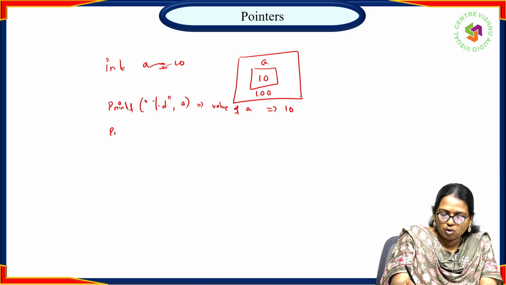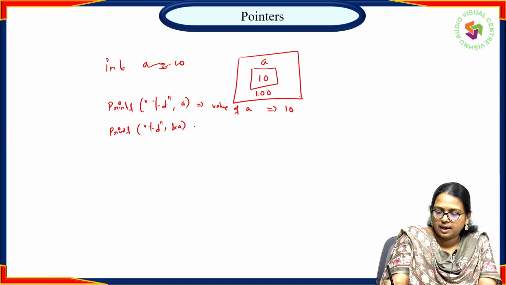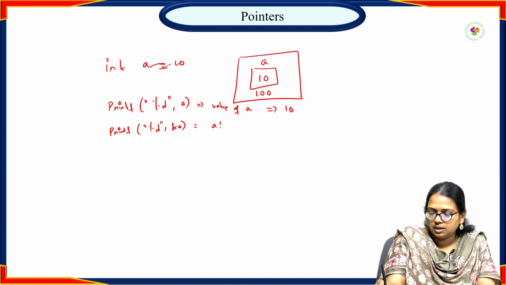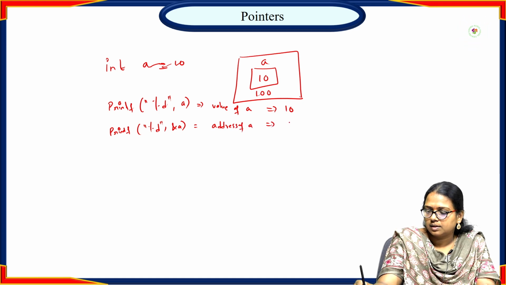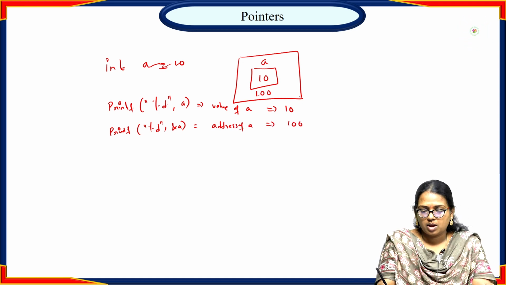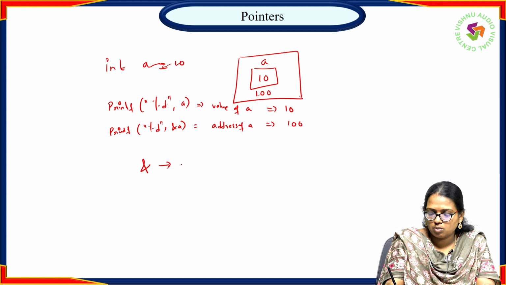If I want to print the address of a, then %d ampersand a, it will give the address of a. It will print 100. Now, here the special symbol ampersand is known as reference operator.